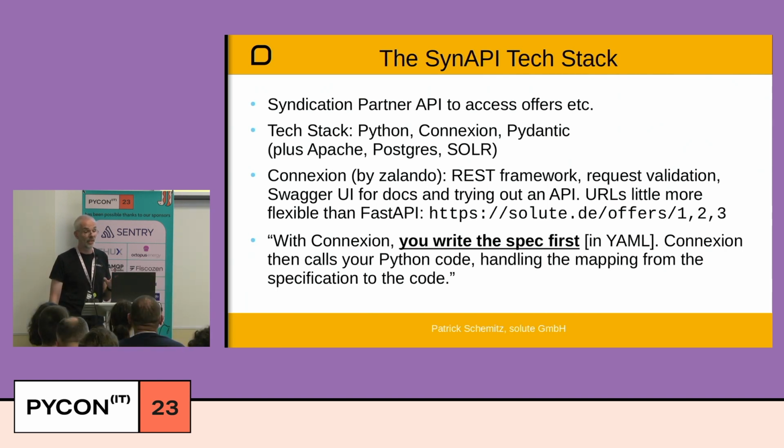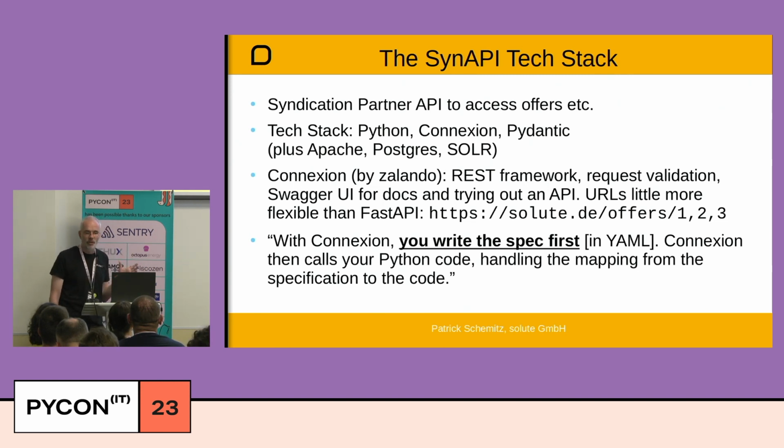You can do weird things. And this is a quote from the Connexion README. With Connexion, you write the specs first in YAML. Connexion then calls your Python code, handling the mapping from the specifications to the code. Okay, specs first, sounds reasonable enough for an API.